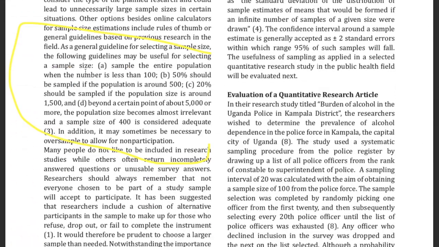So here, the general guidelines for selecting a sample size may be used. First, sample the entire population when the number is less than 100. So this could become our basis: if our population has a size of 100, then we can use the formula of Yamane. And then 50% should be used for a population of around 500, and 20% for a population size of 1,500, and for 5,000 or more, the population size becomes almost irrelevant, and a sample size of 400 is considered adequate.